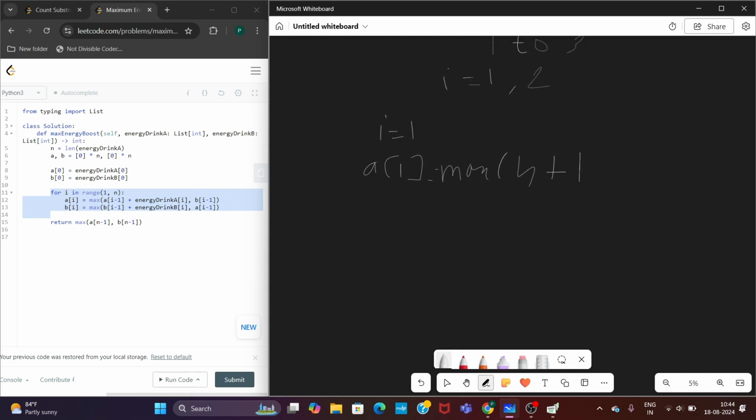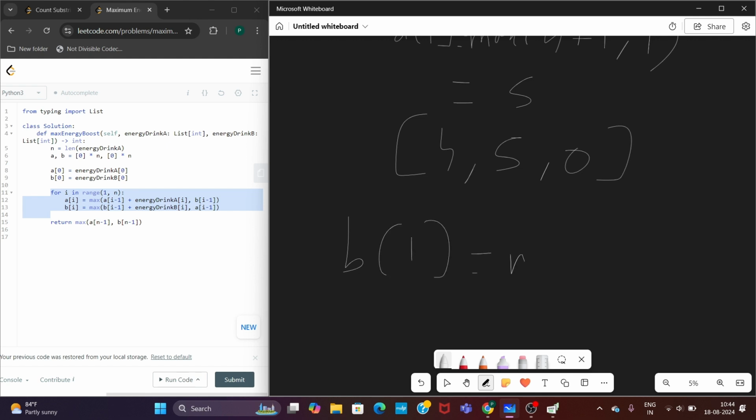So 4 plus 1. And B of I minus 1, which is B of 0, is 1. Okay, so basically its maximum value is 5. A of 1 is 5. So my A will be 4, 5, 0.